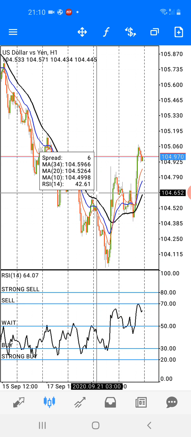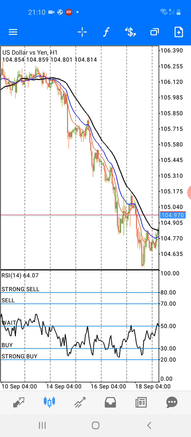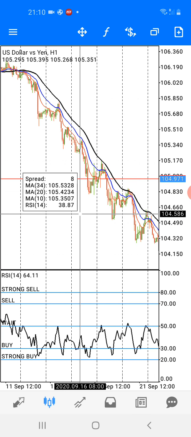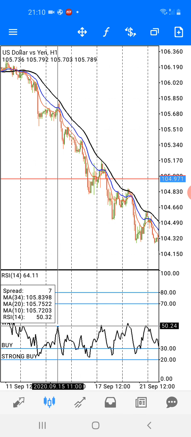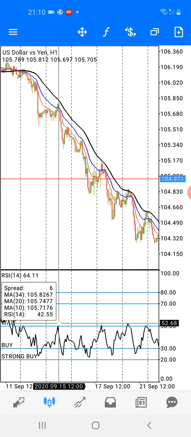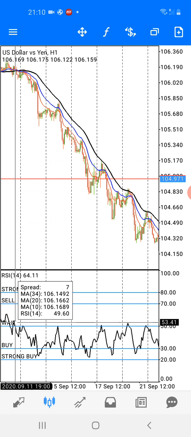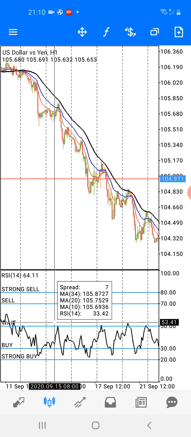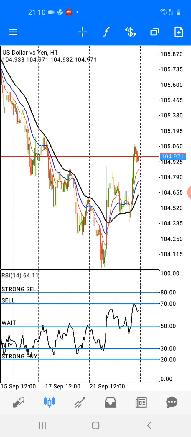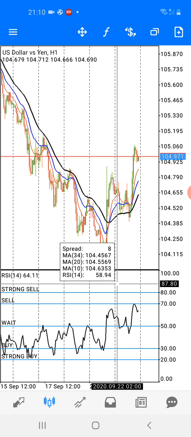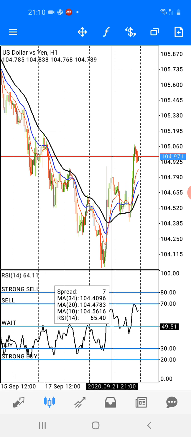All trends don't last the same number of days, but my point here is, while the trend lasts, the relative strength index also stays below the 50 weighting level. As you can see, from this place it has been below the 50 level up till the 6th day when it crossed above the 50 weighting level.